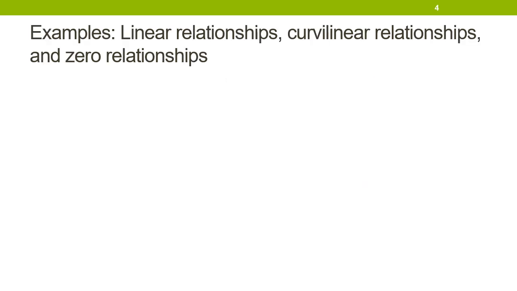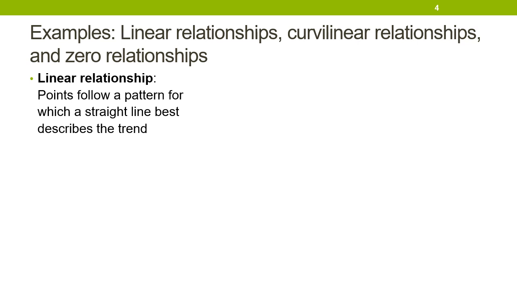We have three types of relationships. We have linear relationships, in which the points follow a pattern for which a straight line best describes the trend. Here we have an example of a positive linear relationship: linear because a straight line fits the points best, and positive because they go upward. Here we're hypothesizing age and stability.